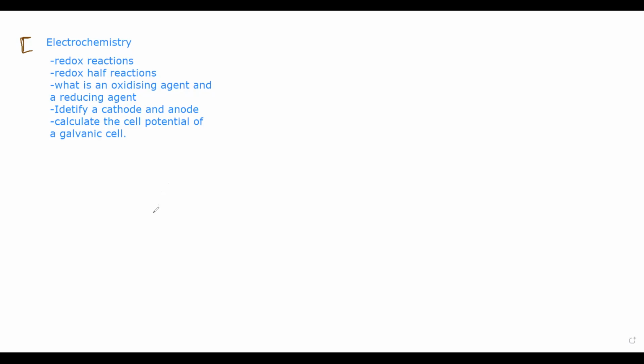So first, let's discuss the redox reactions. So I'm just gonna give you an example of like Cu2 plus. It's gonna be added by 2 electrons. This is gonna give you copper, which is a solid. And this is in an aqueous phase.